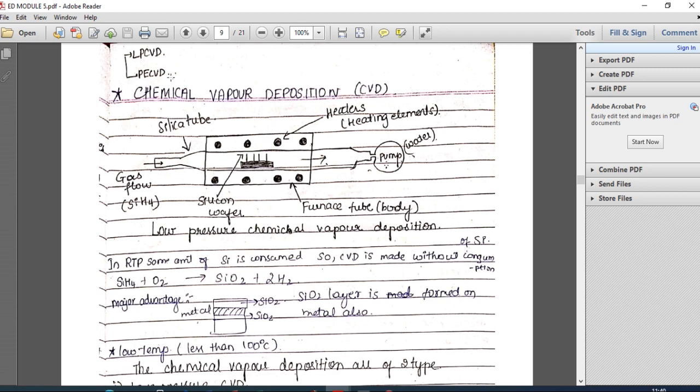Two types of chemicals are used here to perform oxidation. Again, the intention is to perform oxidation, so that Si is converted into SiO2.